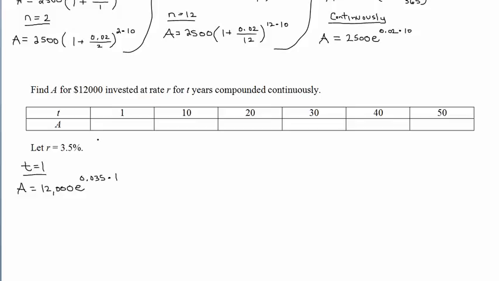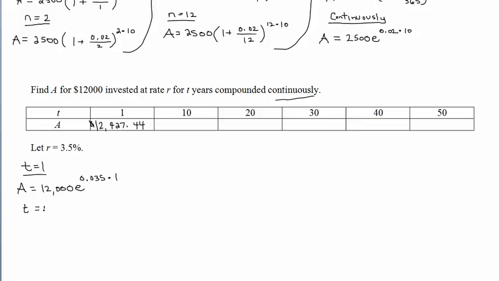Go to the calculator, perform your computations. All right, so the result: if you can stand to give up $12,000 for a year, after 1 year compounding continuously, you will have earned a little over $400.